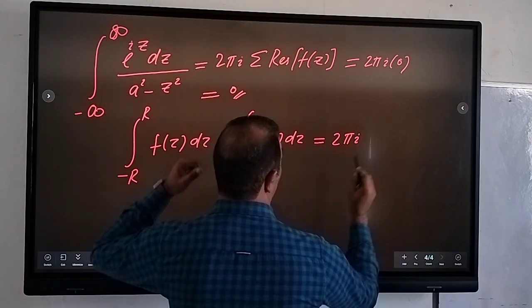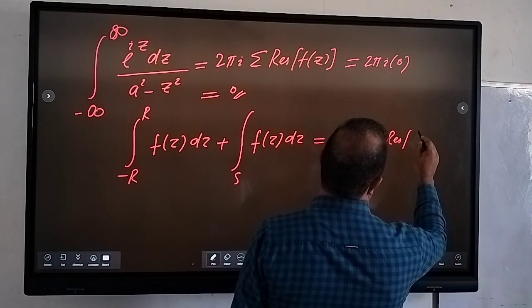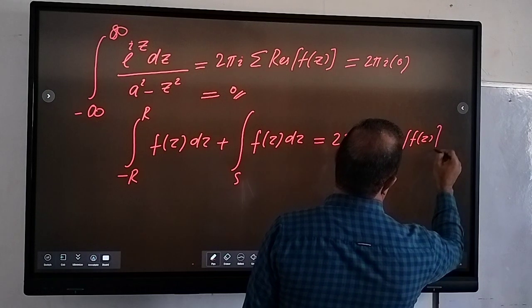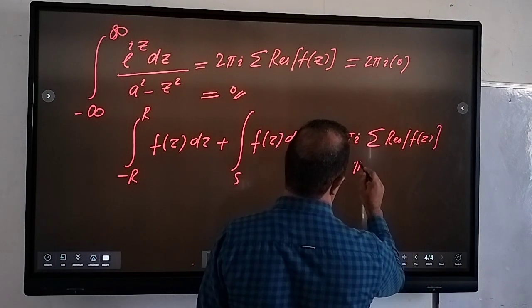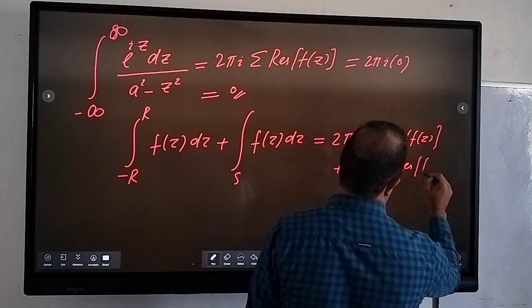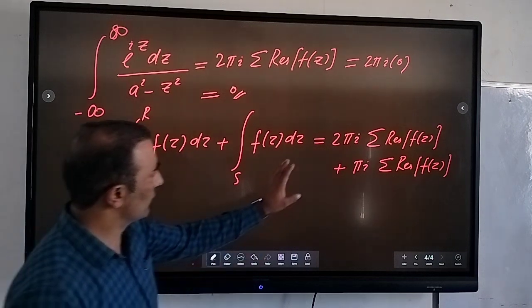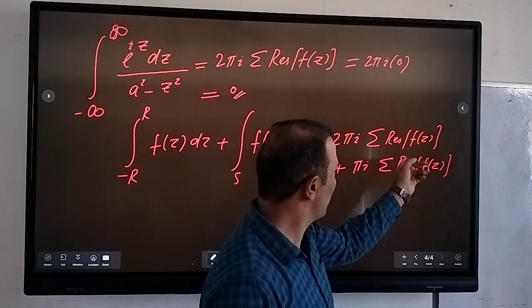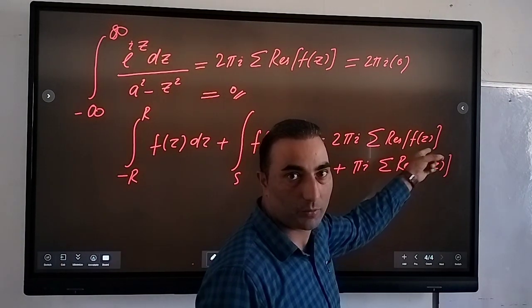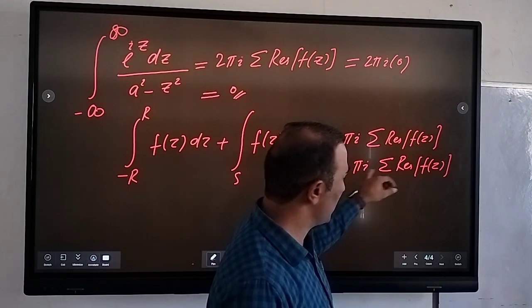pi times plus, right? So this way, because this comes from the semicircle, 2 pi I times this thing will come, and from this real axis, that is iota pi times this thing.